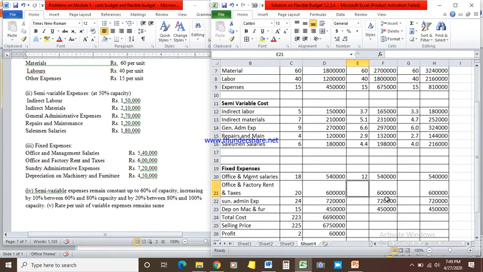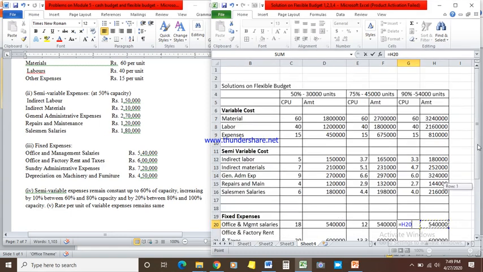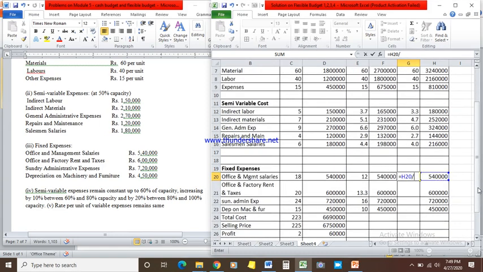In a similar way, 6 lakh divided by 45,000, you keep on doing like this to get the cost per unit. Similarly, 5,40,000 divided by 54,000. Similarly, 6 lakh divided by 54,000, 7,20,000 divided by 54,000, we have to do it.